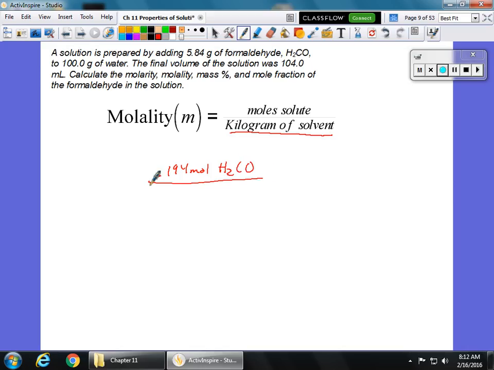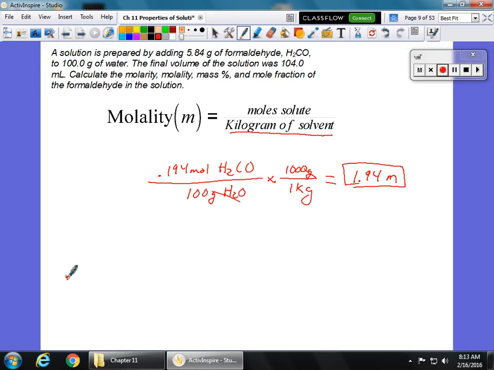And now we need to put that over kilograms of solvent. Well, we had 100 grams of the solvent, which was water. We just need to turn that into kilograms. There's 1,000 grams in every 1 kilogram. So our grams of water are going to cancel, and it's obvious you're just dividing by 0.1, so it should be 1.94. And again, it's little m for molal, not molar, molal.